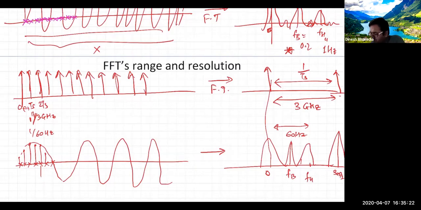Everyone following on this one? Let's call it F0 plus 3 gigahertz for this particular repetition, depending upon if it is 3 gigahertz. Sorry, it's almost out of the board. And then the same thing, there will be another one at FP plus 3 gigahertz.